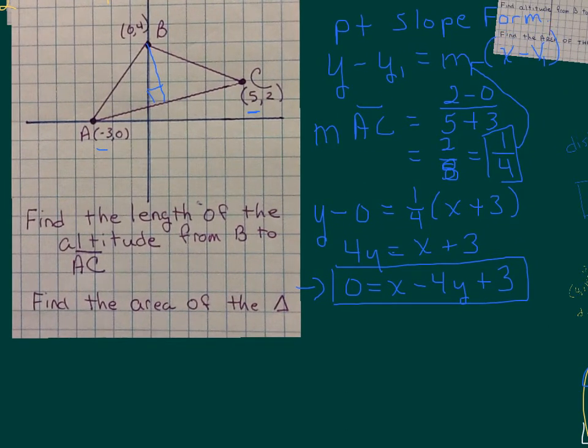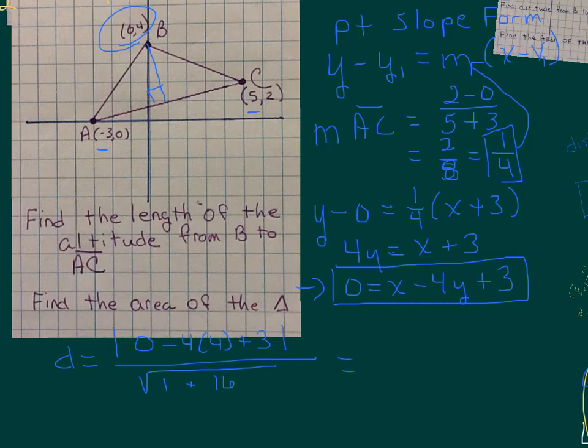So remember we said that the distance is equal to the absolute value of, plugging in for x, I'm going to plug in a 0 because this is now the point that we're using. That's point B. So 0 minus 4 times 4 plus 3 over the square root of 1 squared plus 4 squared.